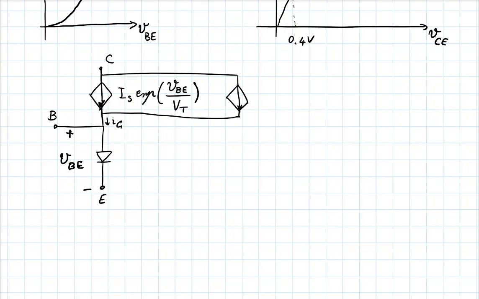How about I say there is a current here whose value is VCE divided by some resistance, or basically some factor. You might even say alpha VCE. How about this? Is this good? Does this now give me an equation like this? That is that exponential plus something times VCE.